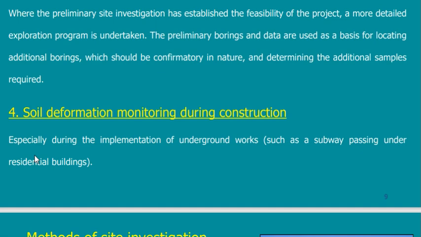Or maybe the initial investigation was not adequate. So I have to do an investigation either during construction to follow up the construction stages to see the effect on the buildings, or because I already have an existing building that is affected, and I need to know why it was affected.